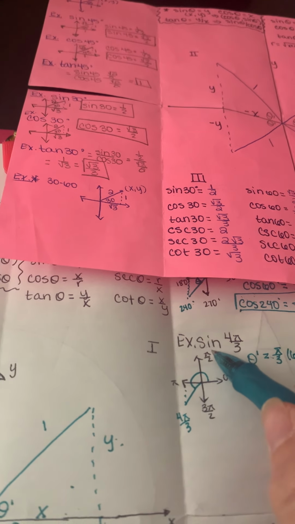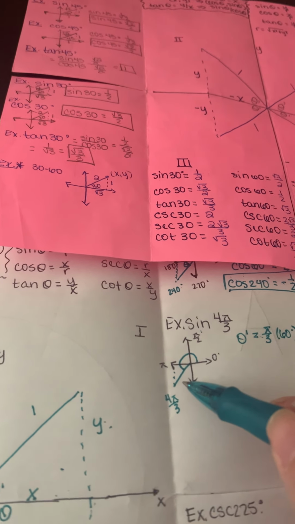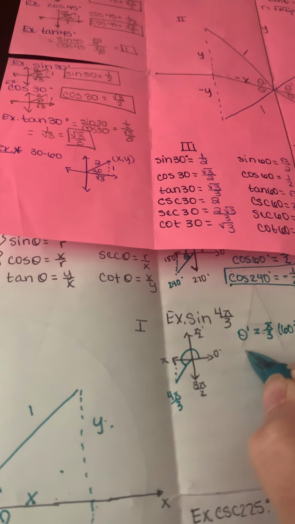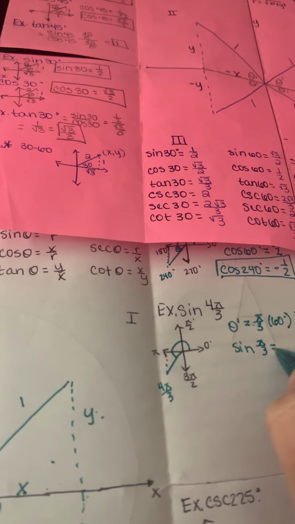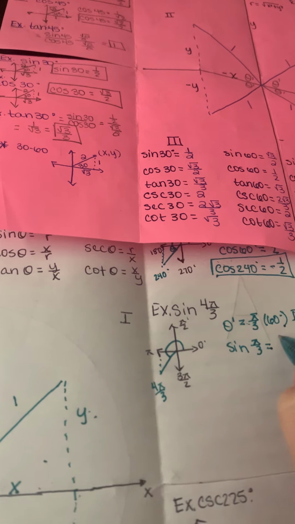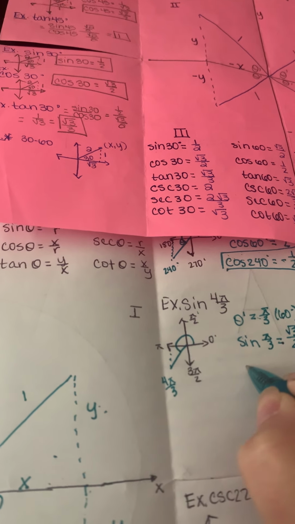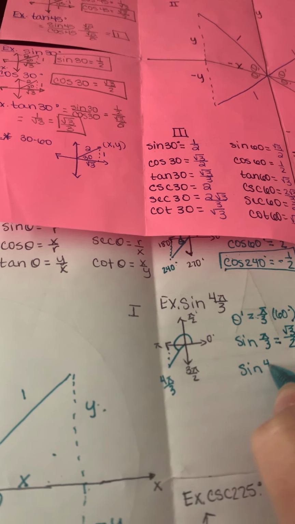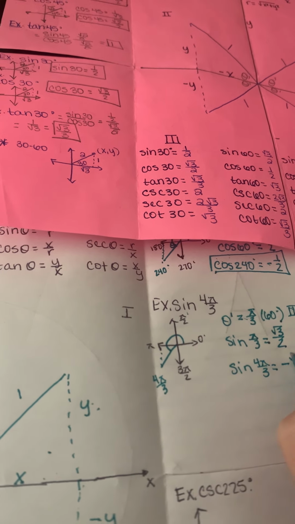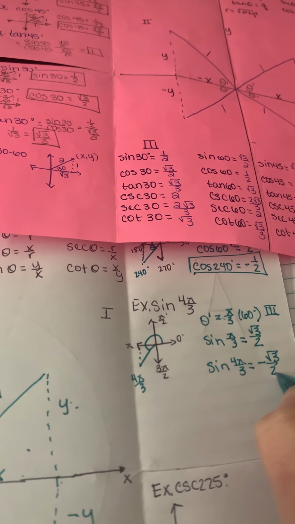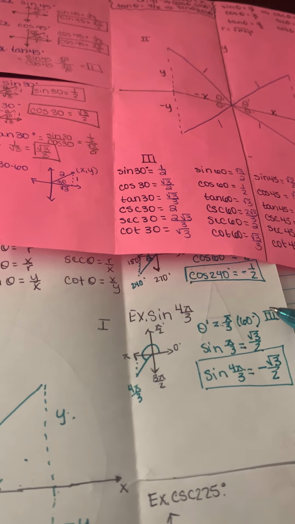So I'm looking for sine. It's in the 3rd quadrant, so my answer is going to be negative. So sine of pi over 3 is equal to the square root of 3 over 2. Therefore, the sine of 4 pi over 3 is equal to negative square root of 3 over 2. And there's my answer. Here's my work.